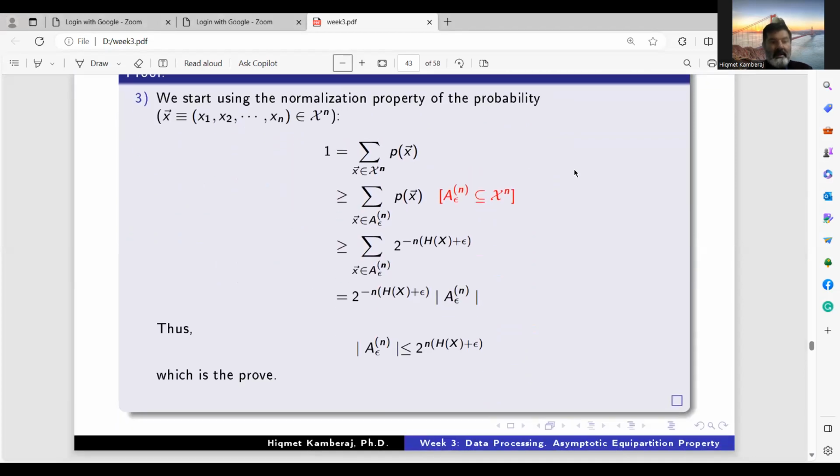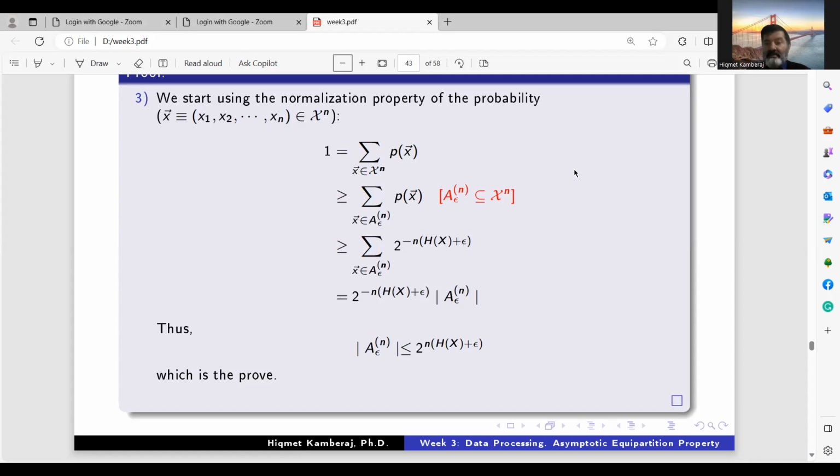theorem. So we start using the normalization property of the probability. Let's take the vector x as this n-tuple x1, x2, ..., xn, which is from chi to the power n. Then I have 1 equal to the sum of all x vectors from chi to the power n of p of x vector. Now, the typical set is a subset of chi to the power n.